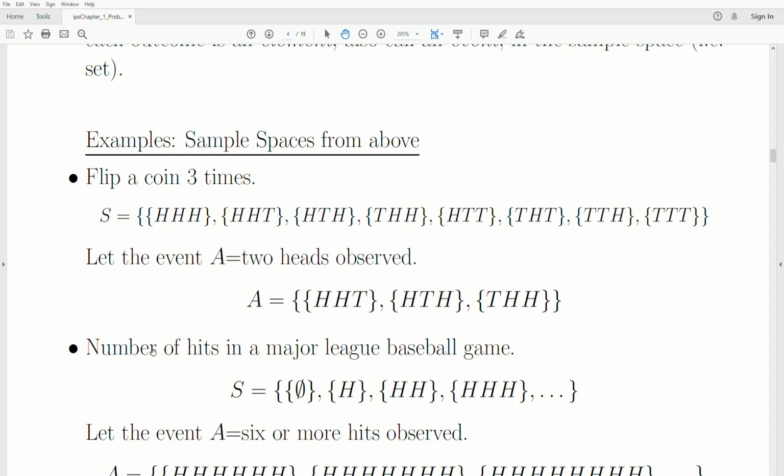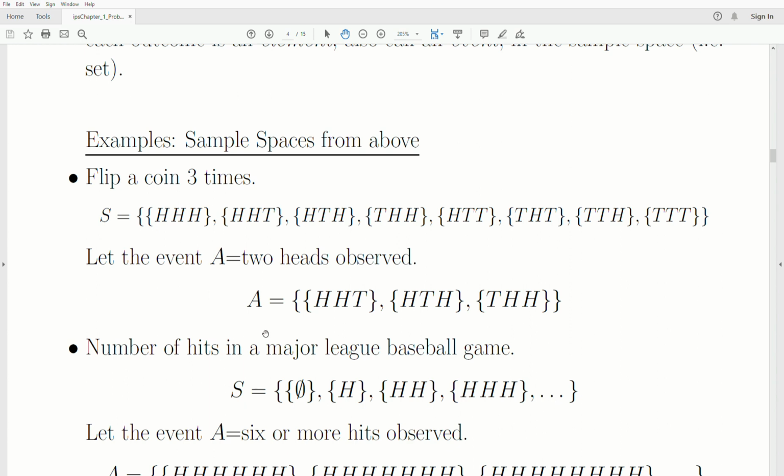Okay. Next, let's look at the number of hits in a Major League Baseball game. So the sample space would be the empty set, right? There's no hits, or H, which is 1 hit during a game, or HH or HHH. And I think theoretically it goes to infinity.